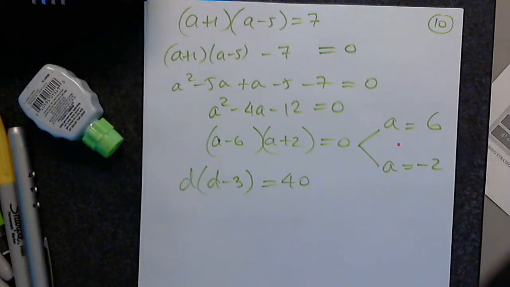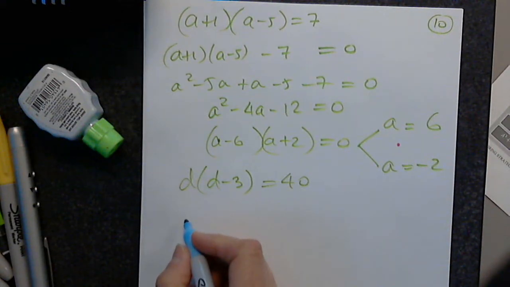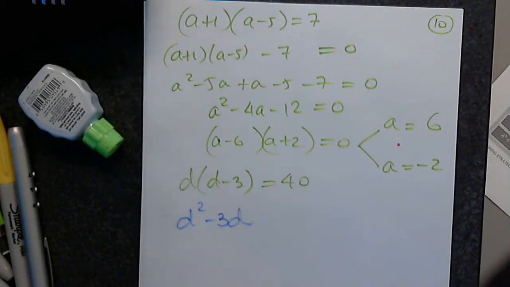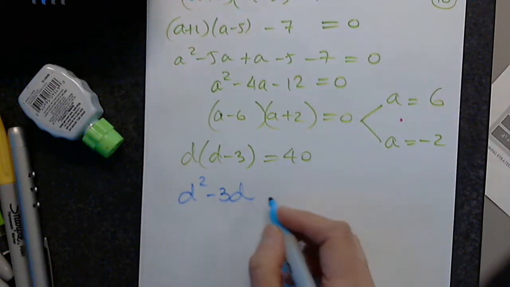I would break down the first portion of it. You mean distribute? Distribute, yeah. I agree. And what would you write? I would write d squared minus 3d. Okay, that's fine. Minus 40.